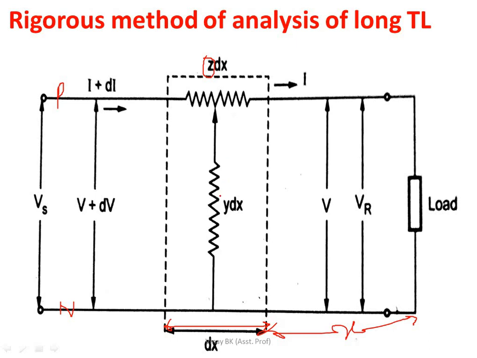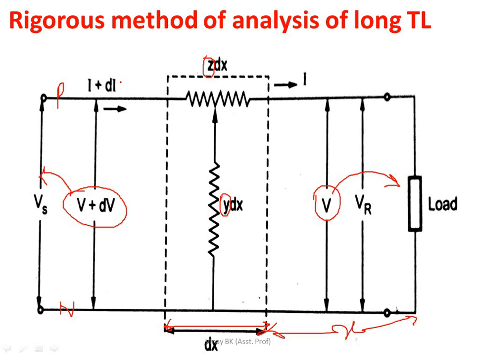Similarly, small y is the shunt admittance of the line per unit length, and capital V is the voltage at the end of the element towards the receiving end, or towards the load. Similarly, V plus dV is the voltage at the end of the element towards the sending end.